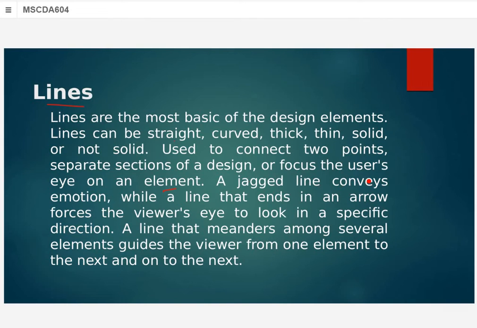For example, a jagged line conveys emotion, while a line that ends with an arrow forces the viewer to look at the specific direction. If you draw an arrow like this, the viewer wants to see where the arrow is pointing. If you just draw a line like this, they may not know where to look at.